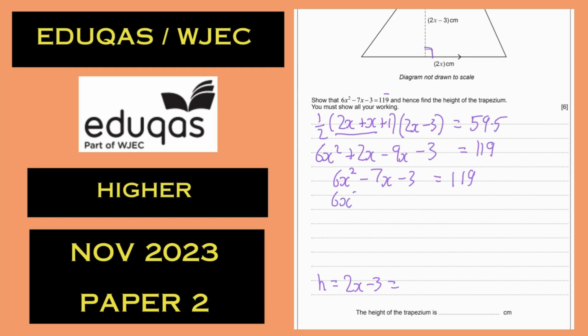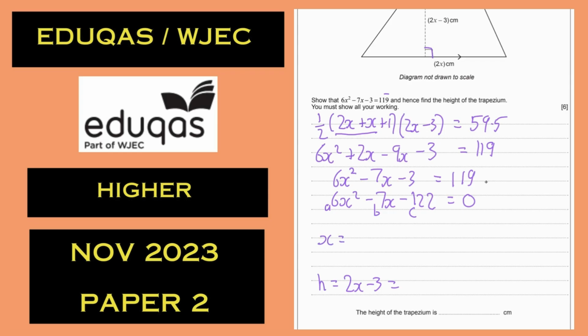We are going to subtract 119 from both sides. And we are not going to dream of attempting to factorize this nonsense. It doesn't factorize. Go straight for the formula. A is 6. B is -7. C is -122.